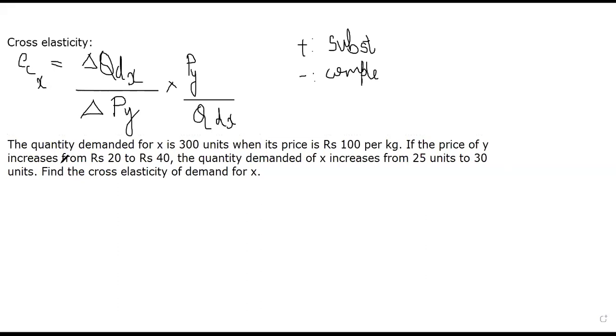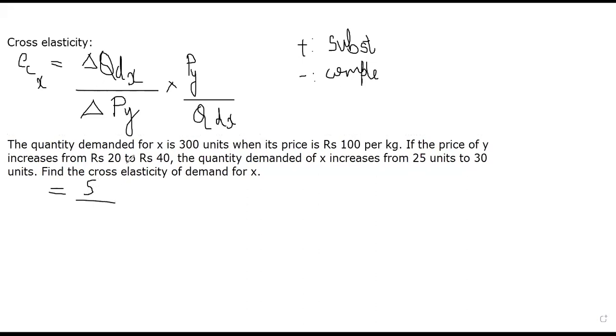Fine. So the question is asking you to find the elasticity of demand for X, right? We'll find the change in quantity demanded of X. X is moving from 25 to 30, so it is a 5 unit change in X's quantity.